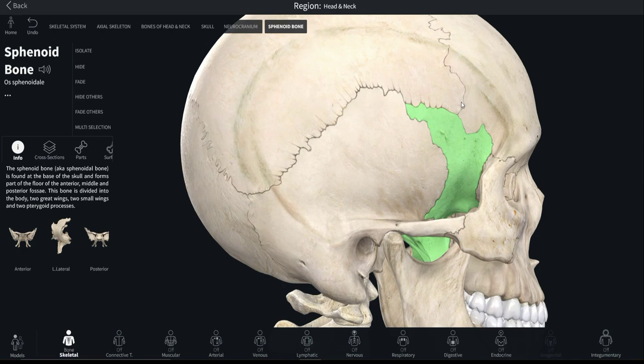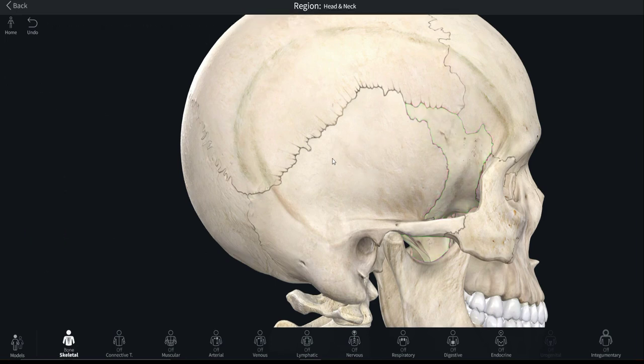Now, if we proceed posteriorly, the middle part of the inferior border is actually connected to this bone over here. This over here is the temporal bone.